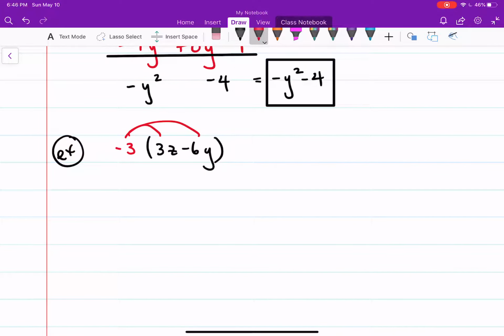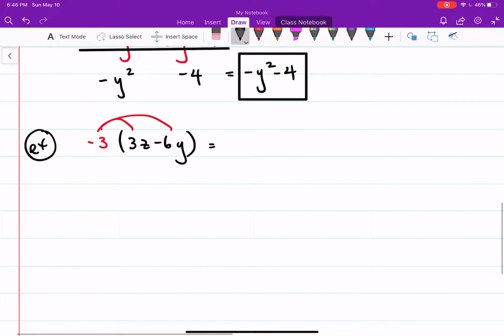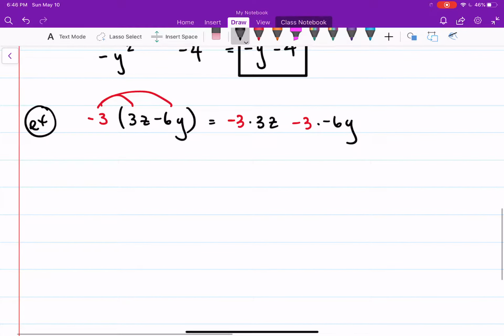So I'm going to write this out, okay? So this is going to be negative 3 times the 3z, negative 3 times a negative 6y. Okay, that's essentially what distributing means. So what do I have? I'm going to have a negative 9z plus 18y.